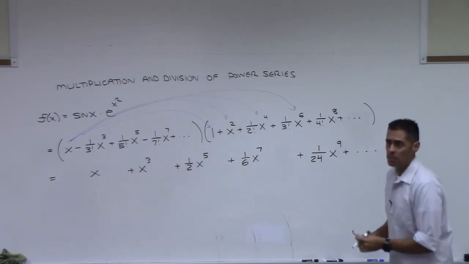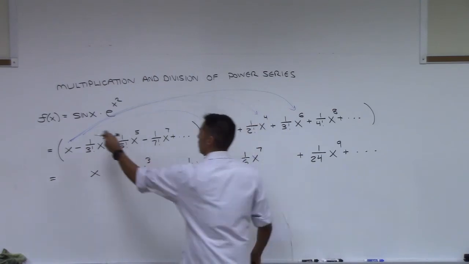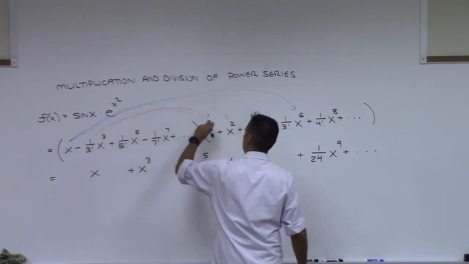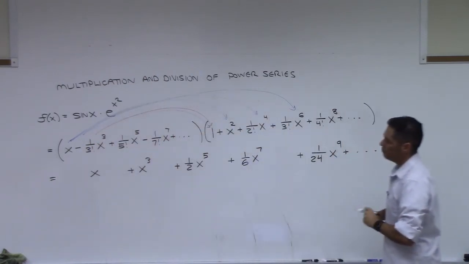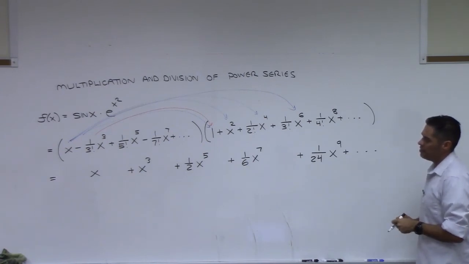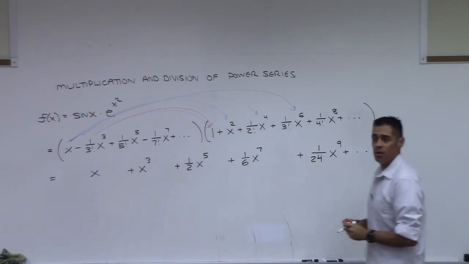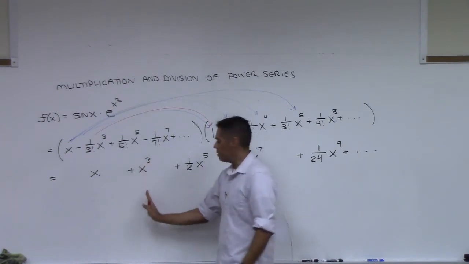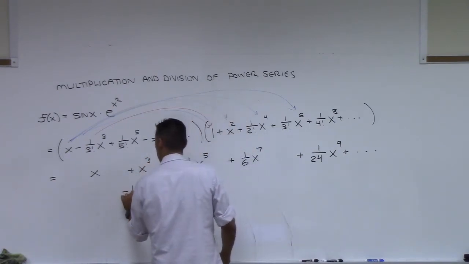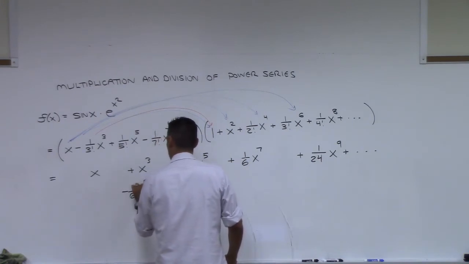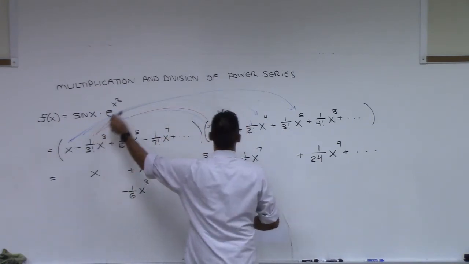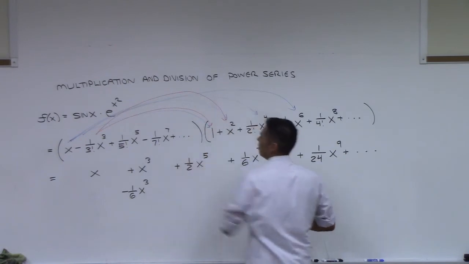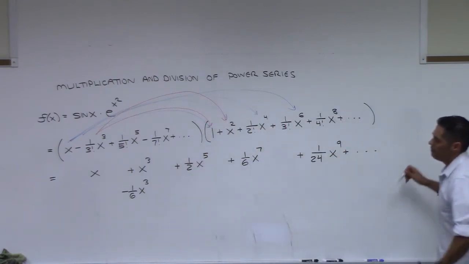Ready for the second multiplication? Okay, what does that give you? Negative 1/6 x to the third. So I'm going to put it underneath right here. This is my x to the thirds. It's negative 1/6 x to the third. Okay, my next multiplication goes here to here. So what's that going to be?